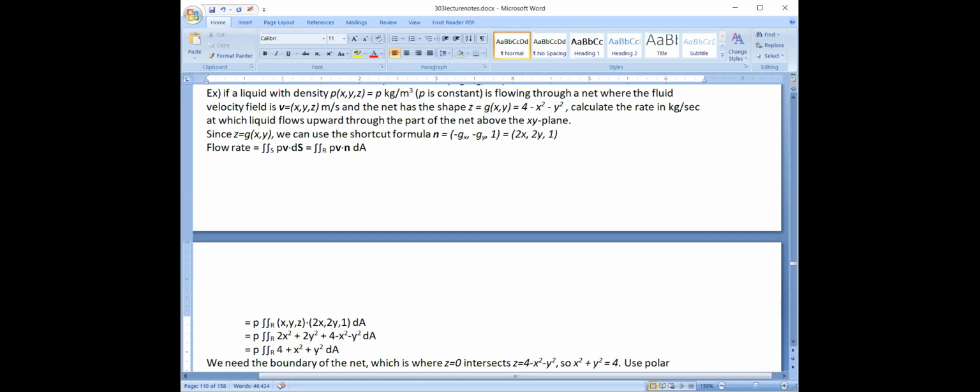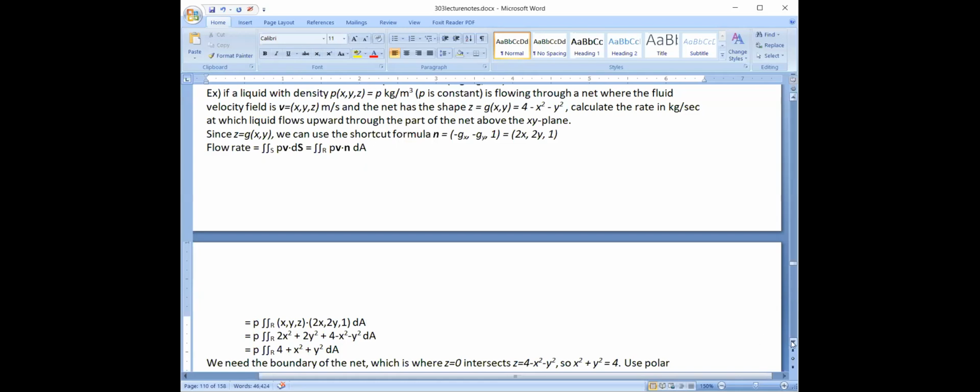The surface is z equals 4 minus x squared minus y squared, and the boundary is where z equals 0. Make that substitution, and solving and simplifying, x squared plus y squared equals 4. So how are we going to describe that using coordinates? Simple. Use polar coordinates.